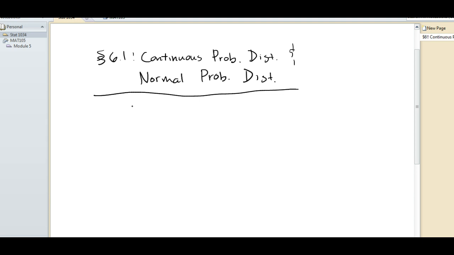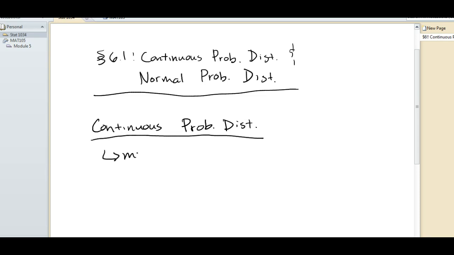So kind of the idea of a continuous probability distribution is that it models a continuous random variable rather than a discrete random variable, as some of our other previous models have done.